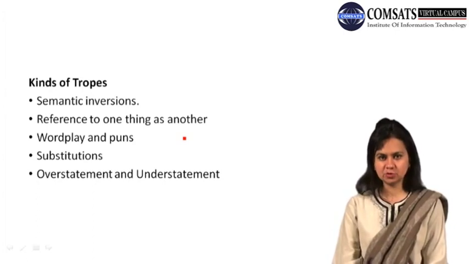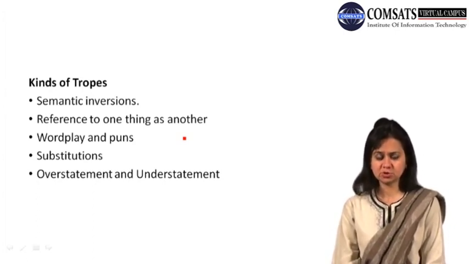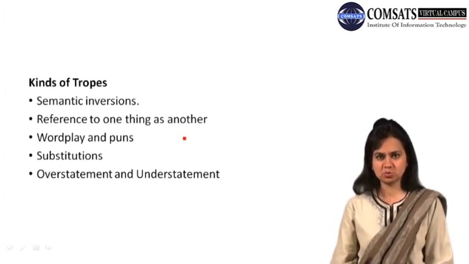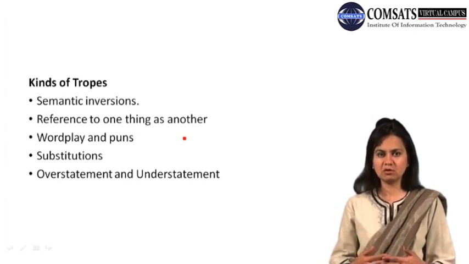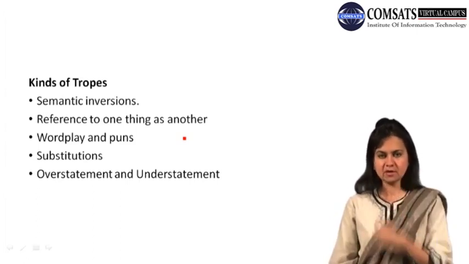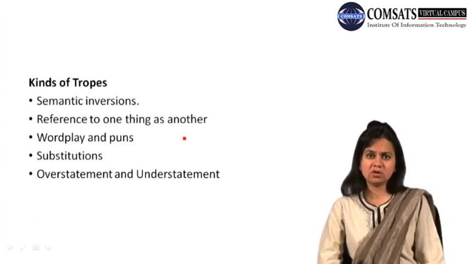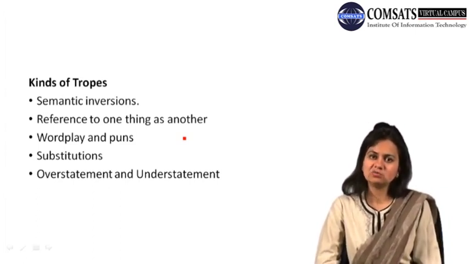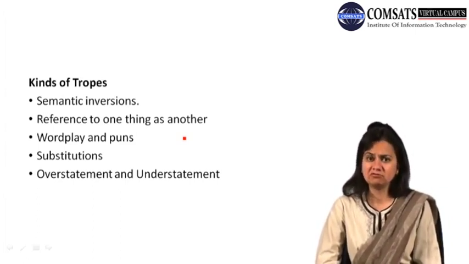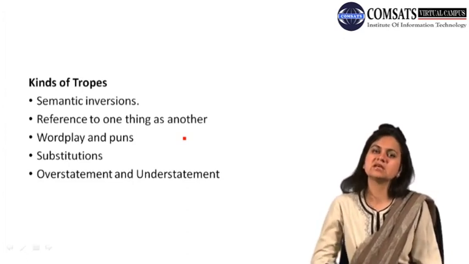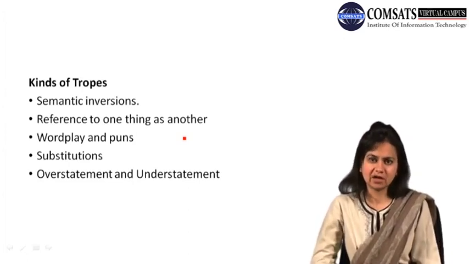So among the kinds of tropes, there are such tropes which operate at the semantic level. There can be tropes which may be replaced with one word, and apart from replacement, there can be word play or a single word containing multiple meanings within it. There can be substitutions, that one thing is replaced with another as a part or as a whole.